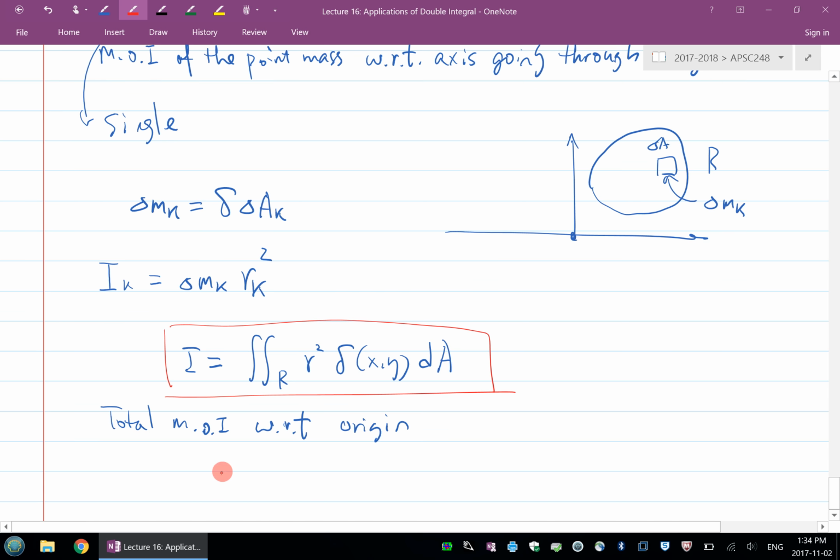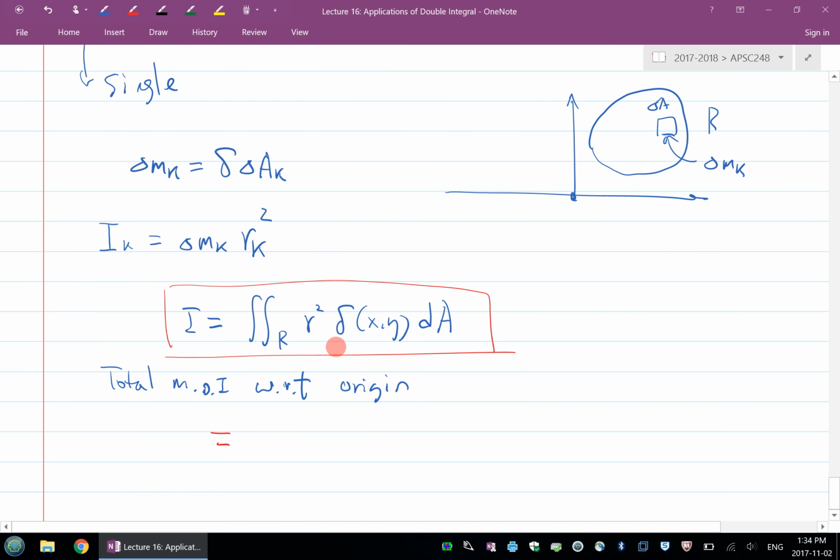Now you need to simplify this a little, because it's a mixture of r and x and y. We want to put everything into the same variables. R represents the distance from the mass to the origin. If this is one location, the distance r squared is always x squared plus y squared, times the density and dA.